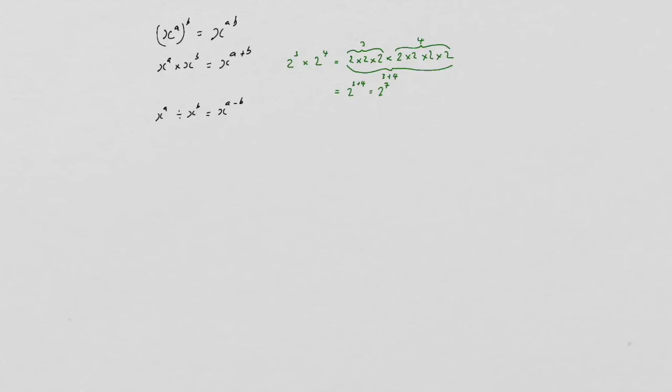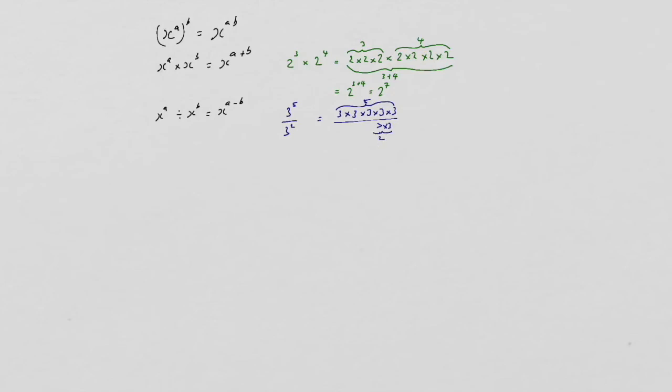Well, if we had, say, 3 to the power of 5 divided by 3 squared, that would be 3 times 3 times 3 times 3 times 3. So there's 5 of them on the top, and 2 of them on the bottom.